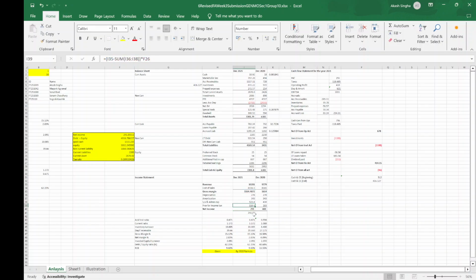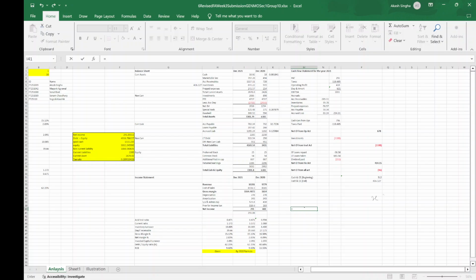So if you see, 291 was the net income. So what was the profit before tax, before the interest expense? It was 291.06. So x was the profit before tax.